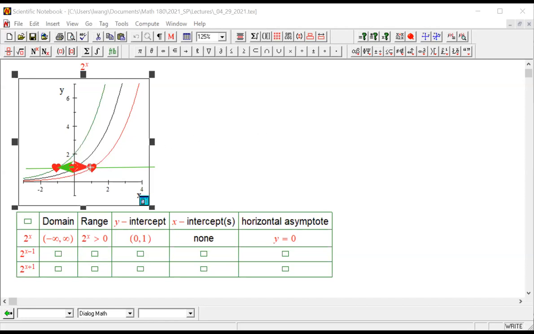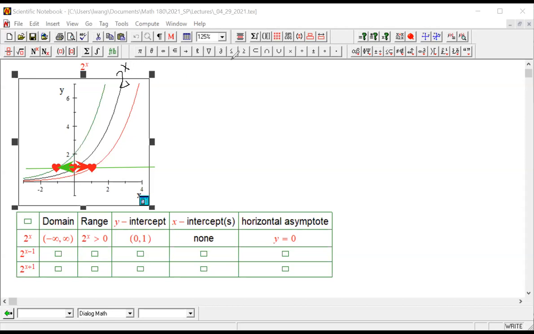This time, I want you guys to mark the curve, okay? Over here, this is 2 to the power x. Color coordinated. Come on. I want it to be color coordinated. So this is 2 to the power x, for sure.